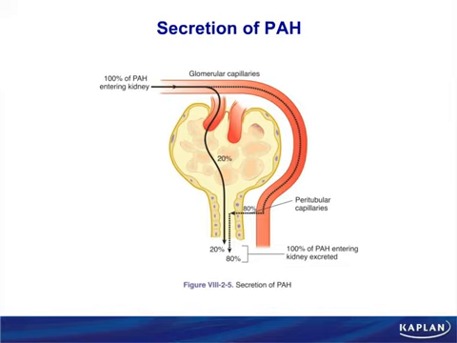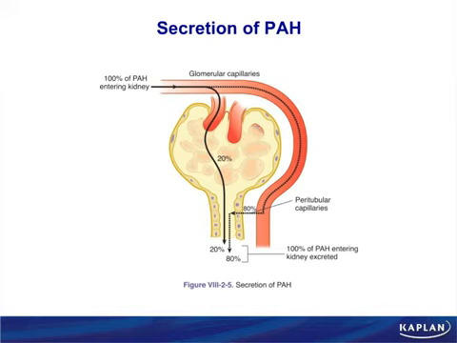That means the clearance is very high. That means you have cleared everything that has entered the kidneys. 20% filtered, 80% secreted, 100% excreted, 100% cleared. Your clearance is 100%. Your clearance is the renal plasma flow.